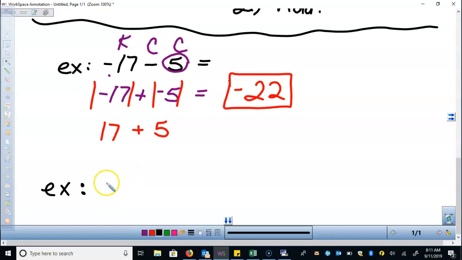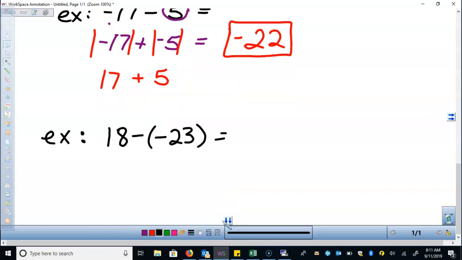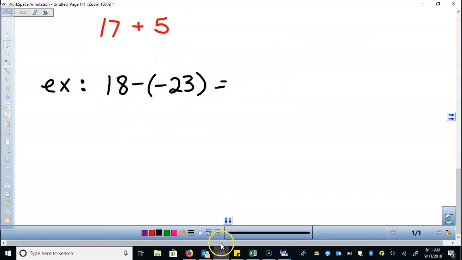Let's do 18 minus a negative 23. Uh-oh. Now I know it looks funny. The parentheses here have no meaning because there's only one number inside of them. The only reason they're there is so that you do not get confused about two signs being next to each other.